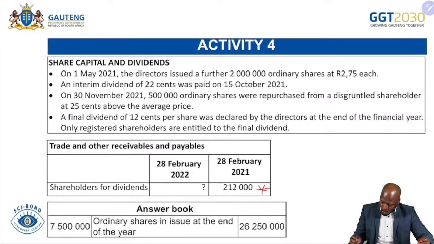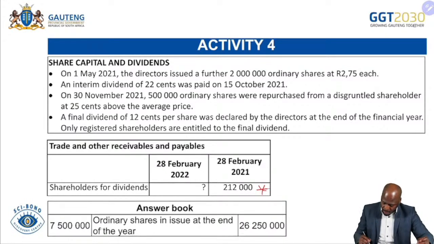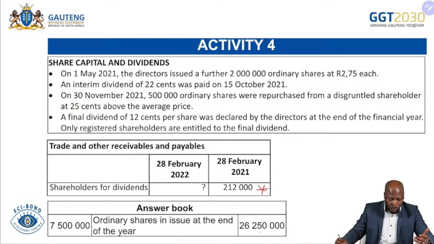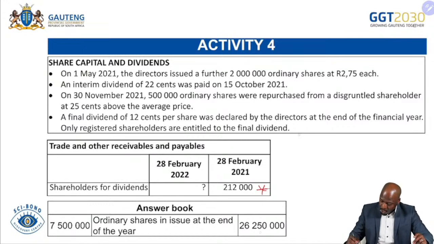So what we are seeing here, we have ordinary shares in issue, and then we have 7.5, and then we have 26,250,000. What we are trying to do here is to know the number of shares that we had when we declared our interim dividend, because if we are calculating dividends paid, we can say last year's final, which we have already been given, which is 212,000.